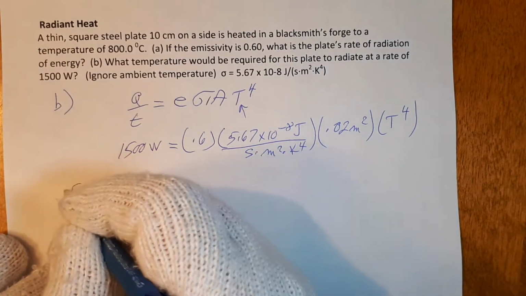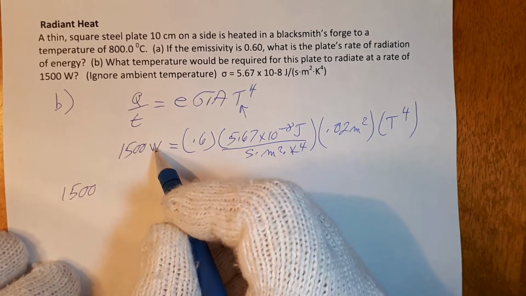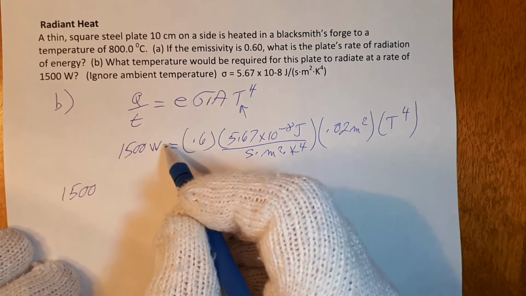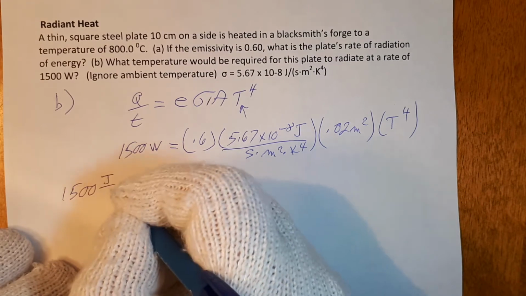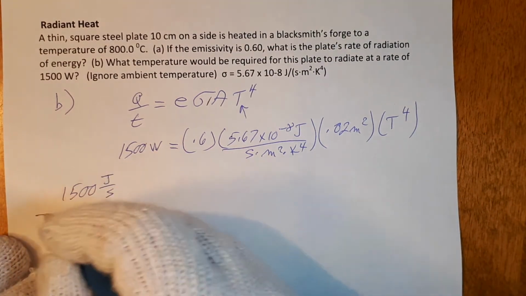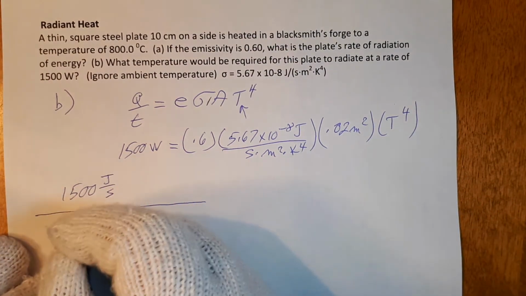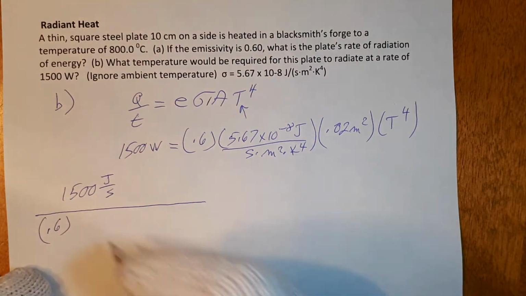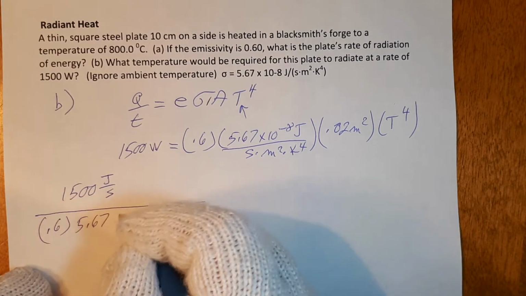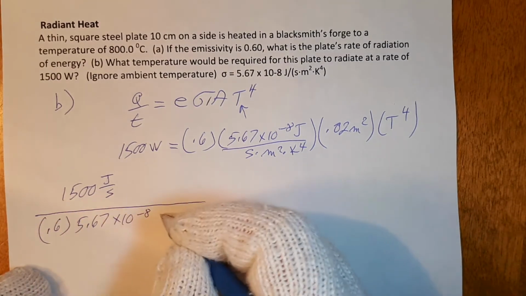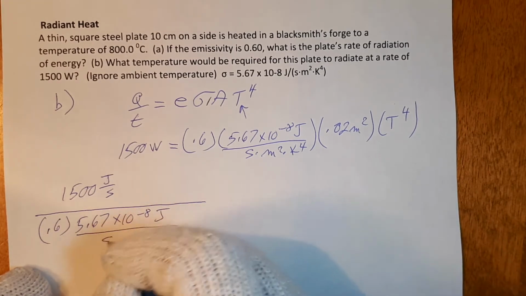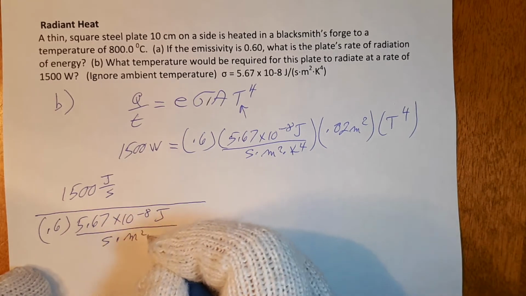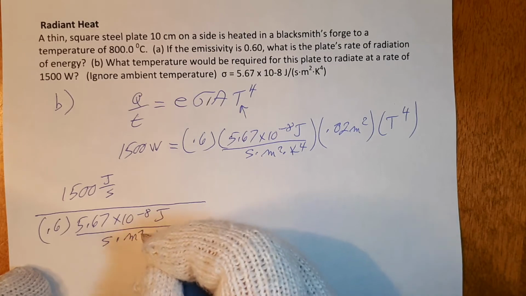And it will look like this, 1500. And instead of using a watt, because it has a tendency to hide units, I'm going to open it up into joules per second. Divided by 0.6, dimensionless value, 5.67 times 10 to the minus 8 joules per second meters squared Kelvin to the 4.